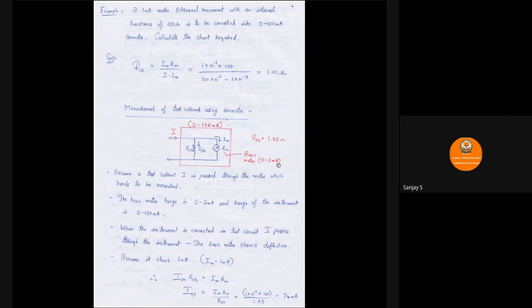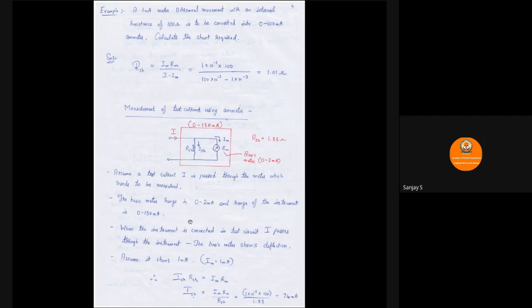The basic meter is 0 to 2 milliamperes. Assume that you are going to pass some test current I through this meter, and that I has to be measured. This is what happens whenever you are given an instrument of some range. Say the range here is 0 to 150 milliamperes. You are going to connect this ammeter in some test circuit, and you want to measure the current flowing in that. That is nothing but your capital I. So the basic meter range is 0 to 2 milliamperes. The range of the instrument is 150 milliamperes.